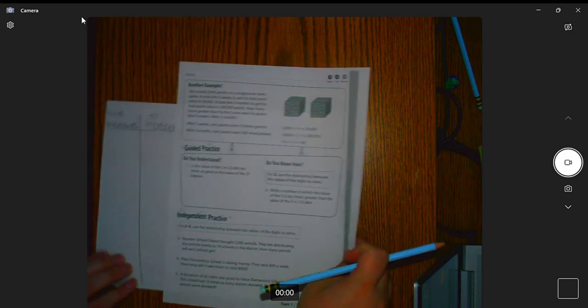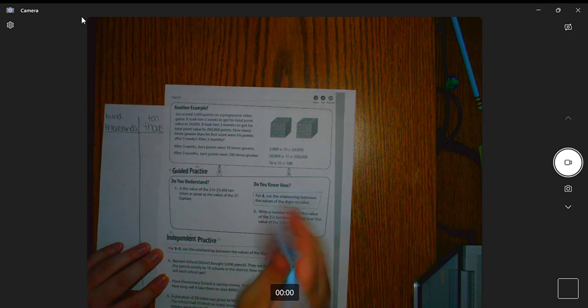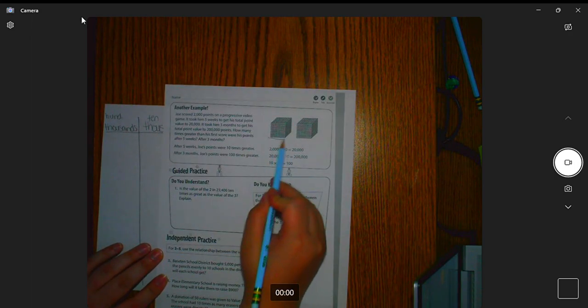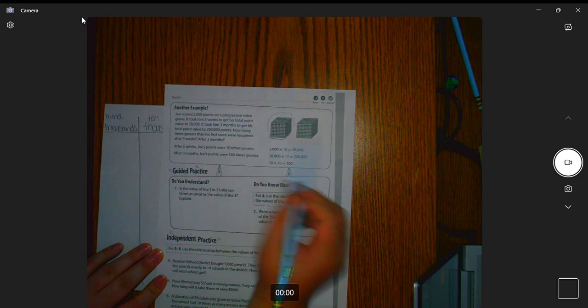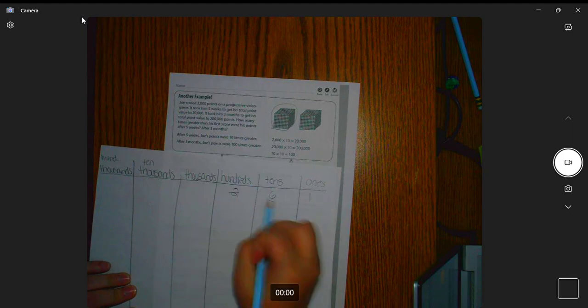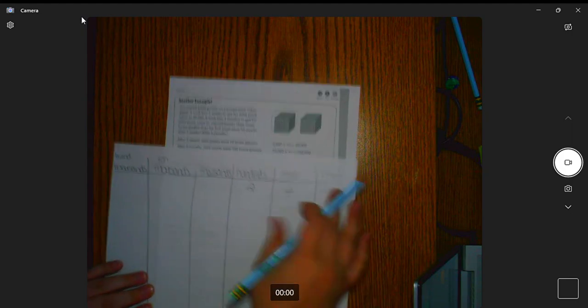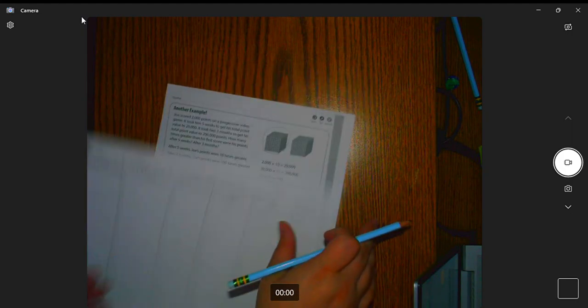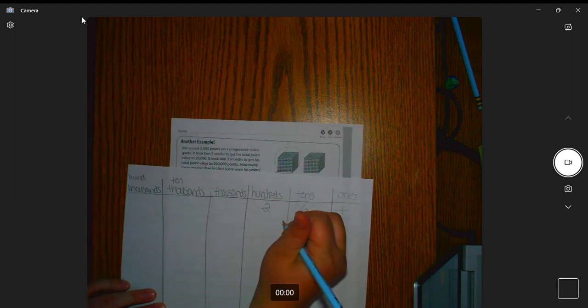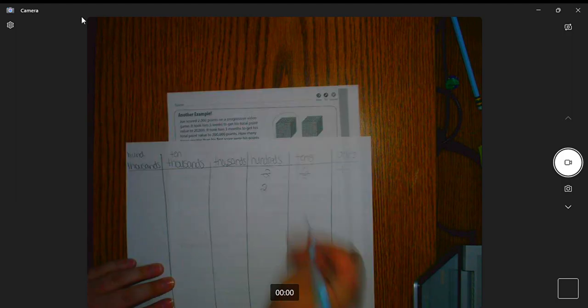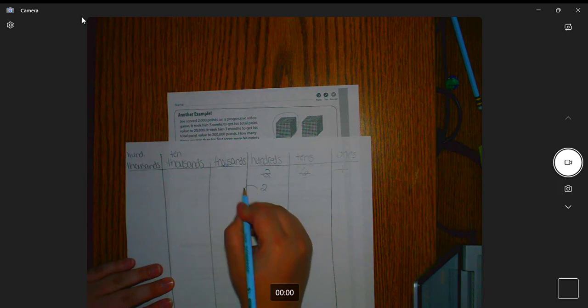Now, let's look at my other sheet. If I want to do thousands, if I want to look at 1,000, I can say that if I want to move 200 to 2,000, I have to multiply that jump by 10 because I'm moving up a tens place.